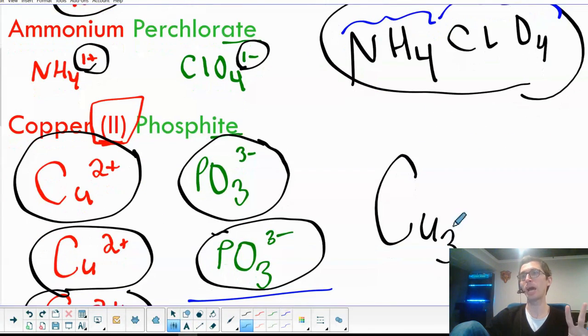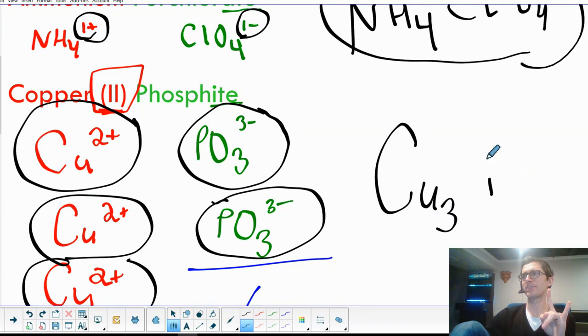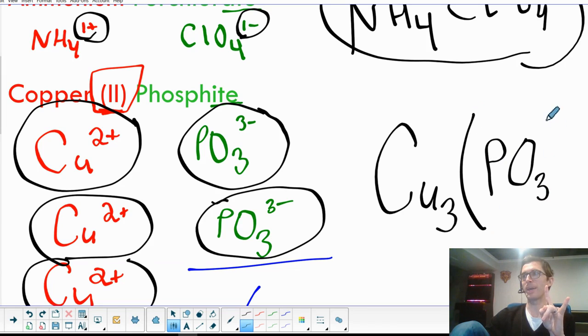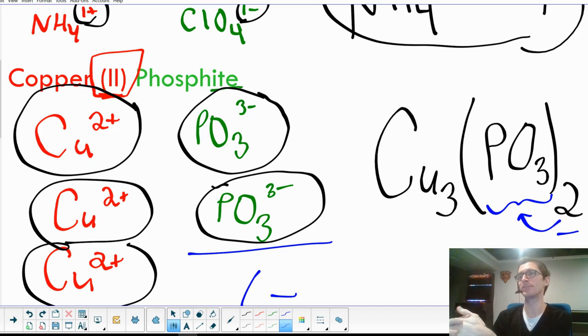So 3 coppers. But now I have 2 of the phosphites. So I'm going to write PO3 because that's phosphite, but I need to show I have 2 of them. That's where these parentheses come into play, because you need to show that you have 2 of these phosphite ions, and that little subscript outside of the parentheses tells you that.